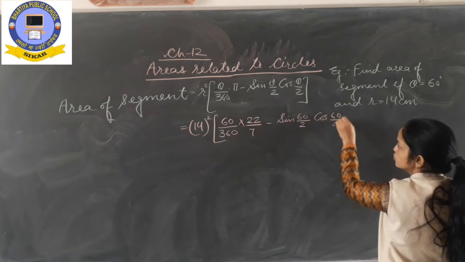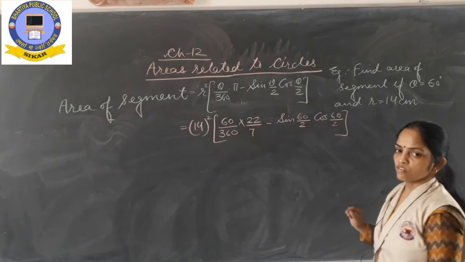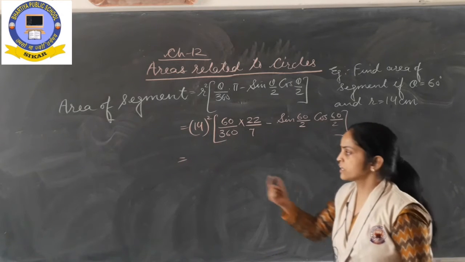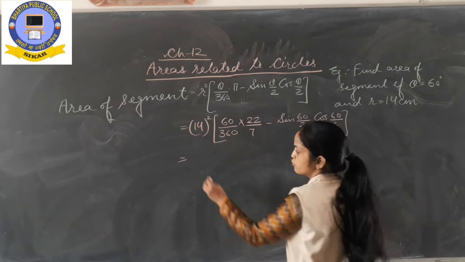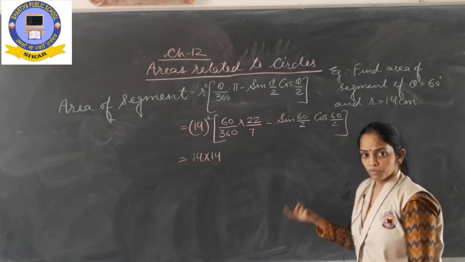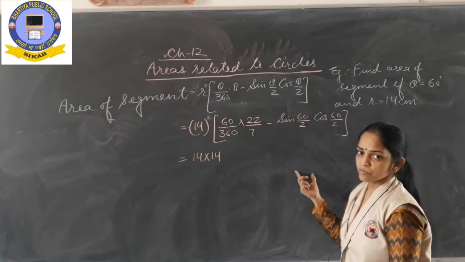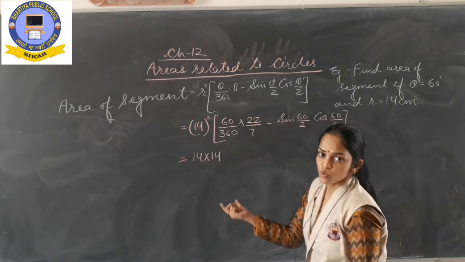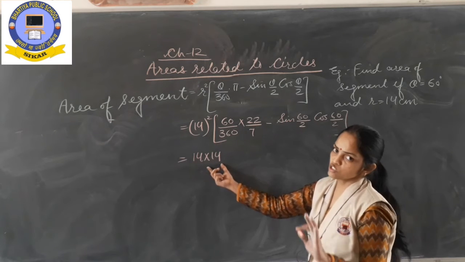Now let us solve it further. 14 square is 196. You can write here 196, or if you want to write 14 multiplied by 14, then also no issues at all, because maybe after taking LCM the denominator will be cancelled out by this, so there is no need to do its square, and if you have done the square then also no problem at all.